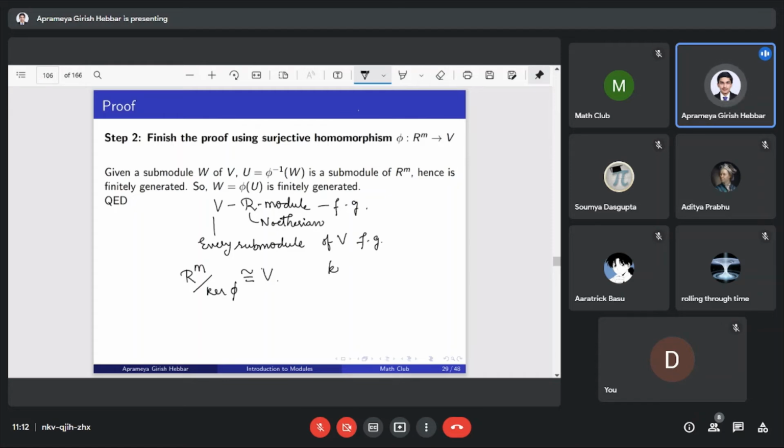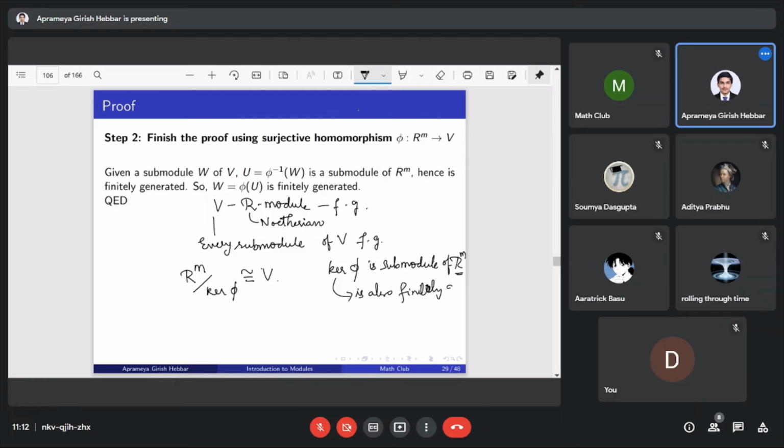Now the kernel of phi is a submodule of R^m. Since R is Noetherian, this ring is finitely generated. This means that the kernel of phi is also finitely generated.